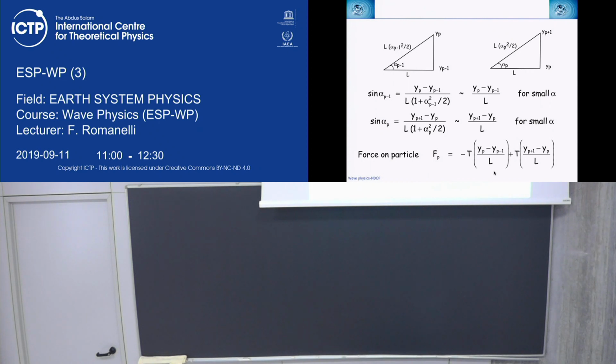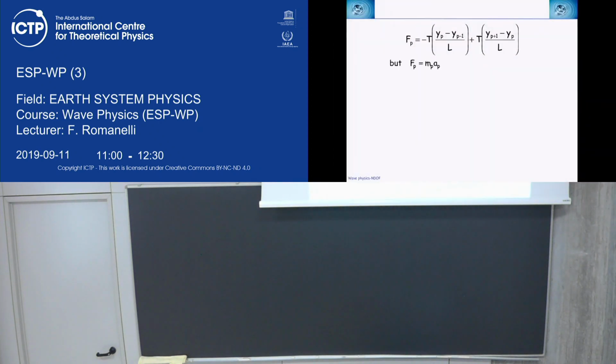Now, that's the force. Let's ask Sir Isaac Newton what to do with this. Well, you will get the mass and an acceleration. Okay? For the fifth particle, you write it, and you have a differential equation for that particle that, please notice, depends on the position of the nearest ones.